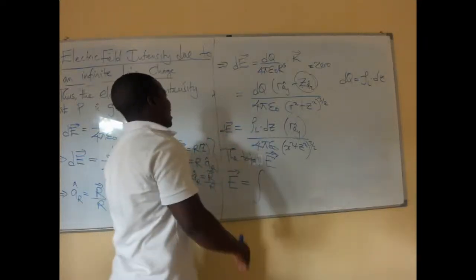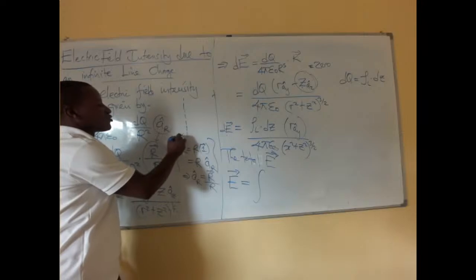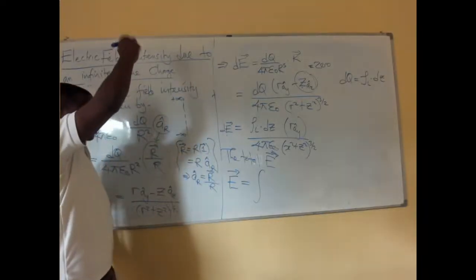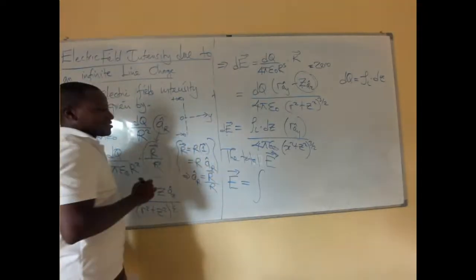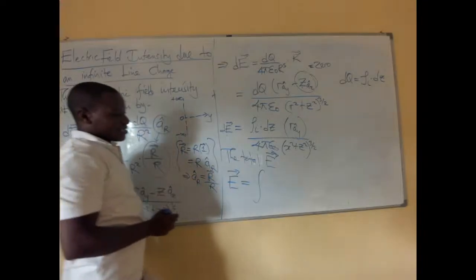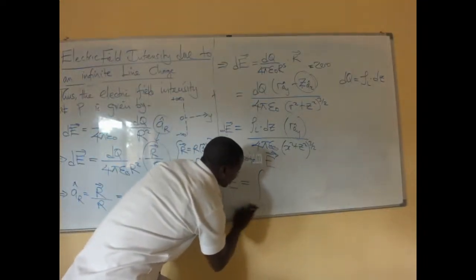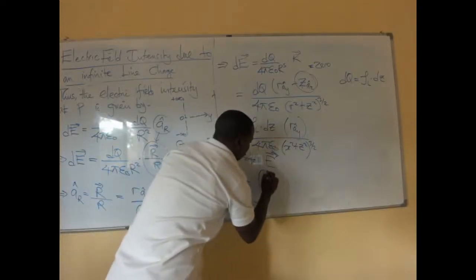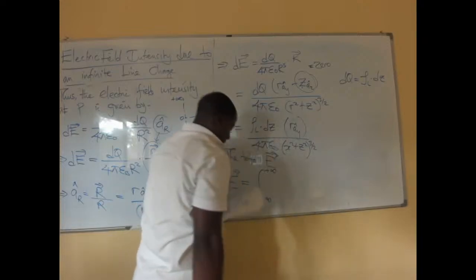Remember that our line charge is going from minus infinity to plus infinity, in both directions. And this is where we have to put our y-axis. So we are integrating from minus infinity to plus infinity.